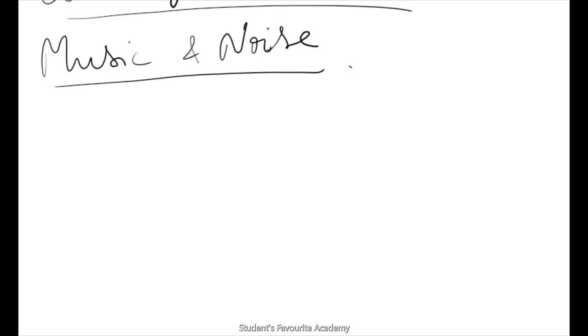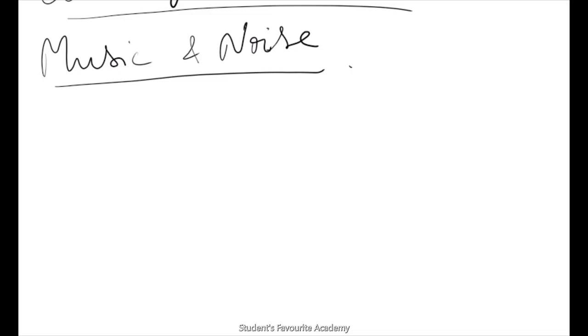Music is produced by vibrations which are periodic, whereas noise is produced by vibrations which are irregular. In music, all the component waves are similar without any sudden change in their wavelength or amplitude. And in noise, the component waves change their characteristics, that is their wavelength and amplitude.